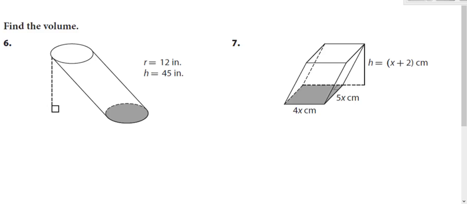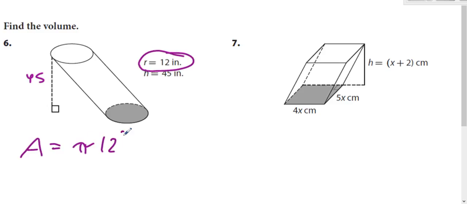To find the volume, you need the area of the base times the height. Our base is a circle with radius 12. The height's 45. So if the radius is 12, we need the area of that circle. Pi times radius squared. So that's the area of the base.